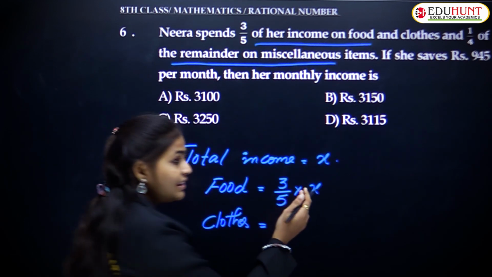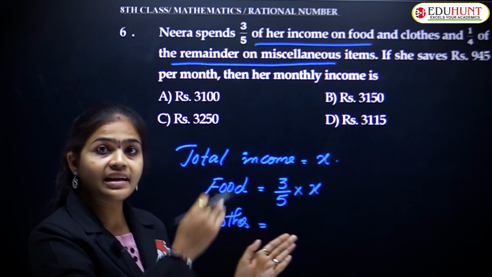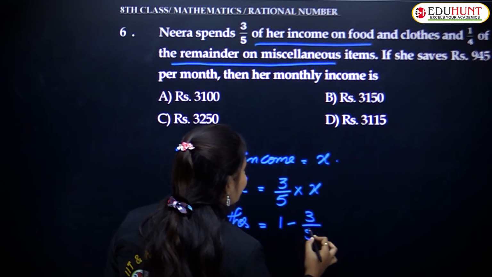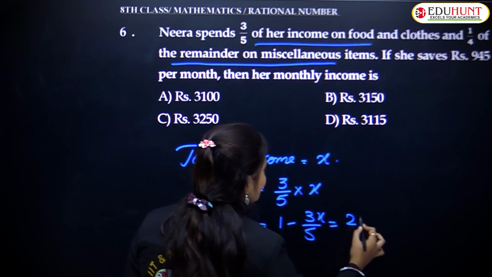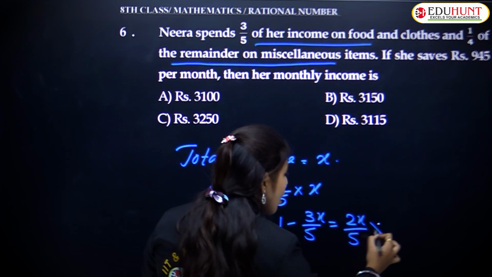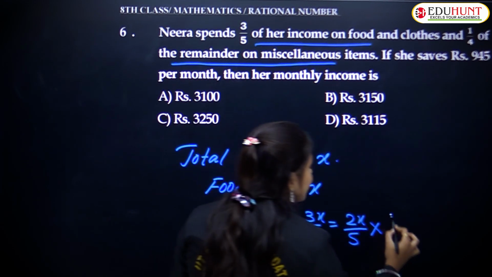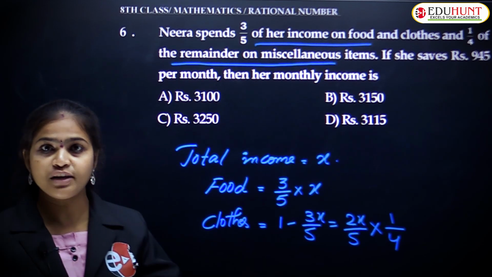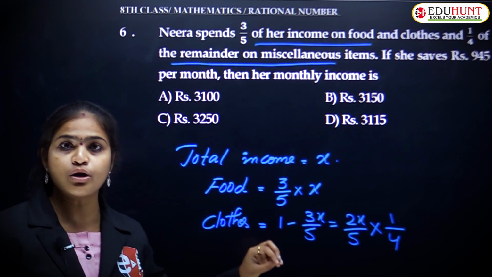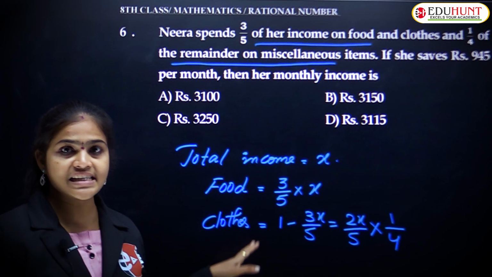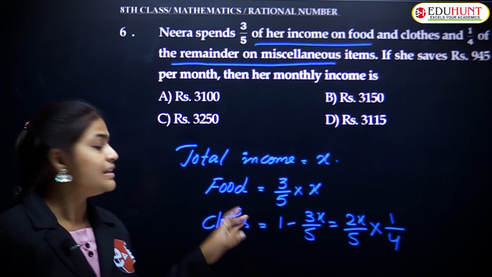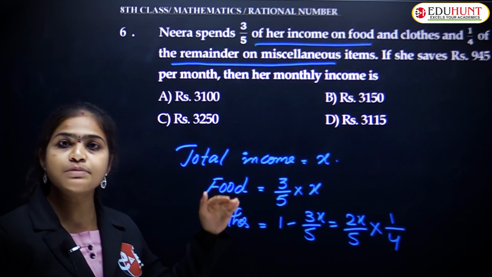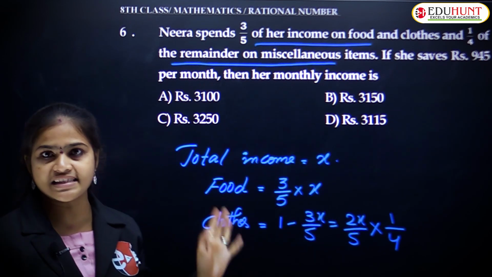See here, on that leftover part, so on that leftover part means 1 by 4 of 2x by 5. So, on this one, she spends that 1 by 4th part. From that leftover amount, she spent that 1 by 4th on clothes.